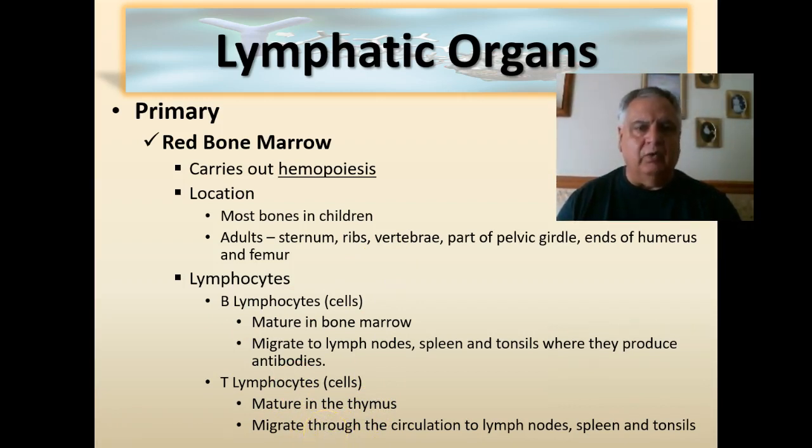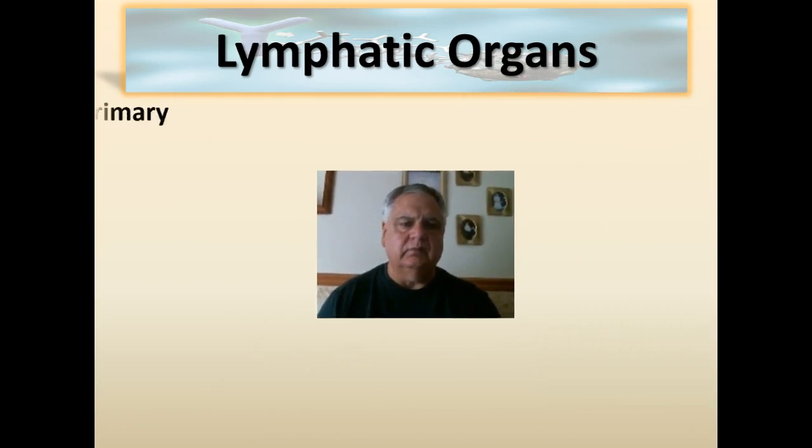They learn their role in the thymus, so they're called T cells. The T is a designation for where they became immunocompetent. So I hope that makes sense to all of you.